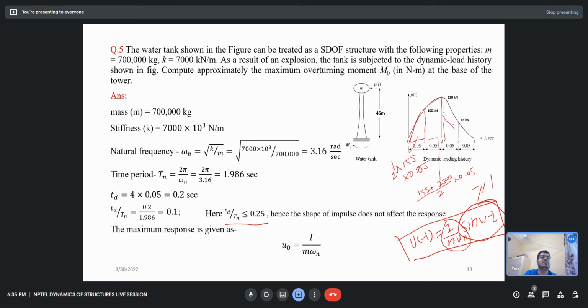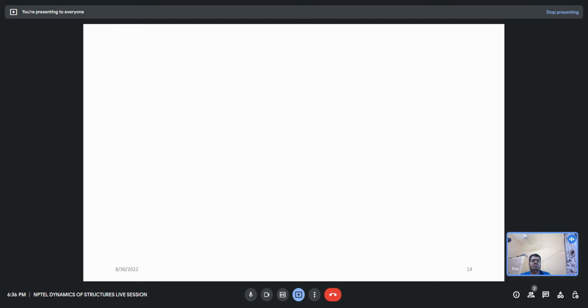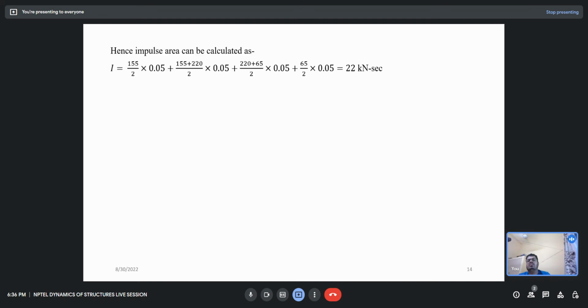Also 220 plus 65 divided by 2 into 0.05, and the last is a triangular area, 1 by 2 into 65 into 0.05. I have written this generally, but in the typed form my impulsive area comes out to be this.